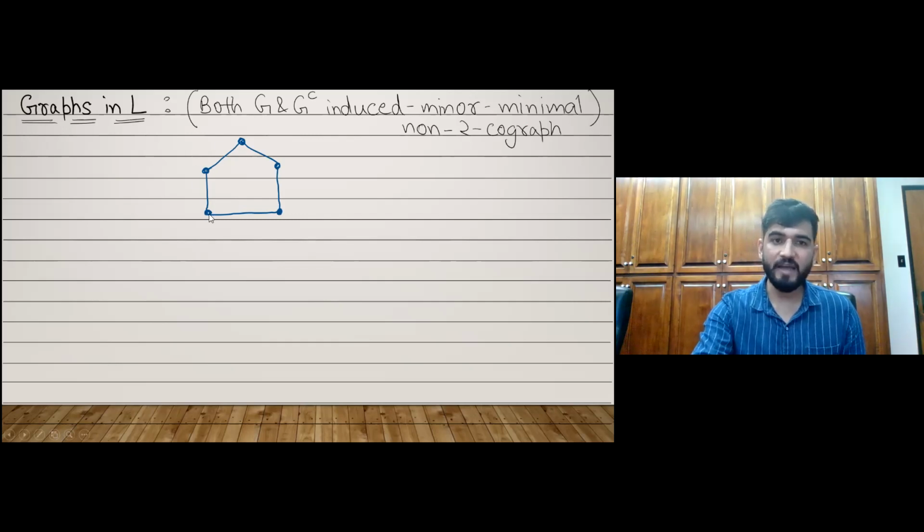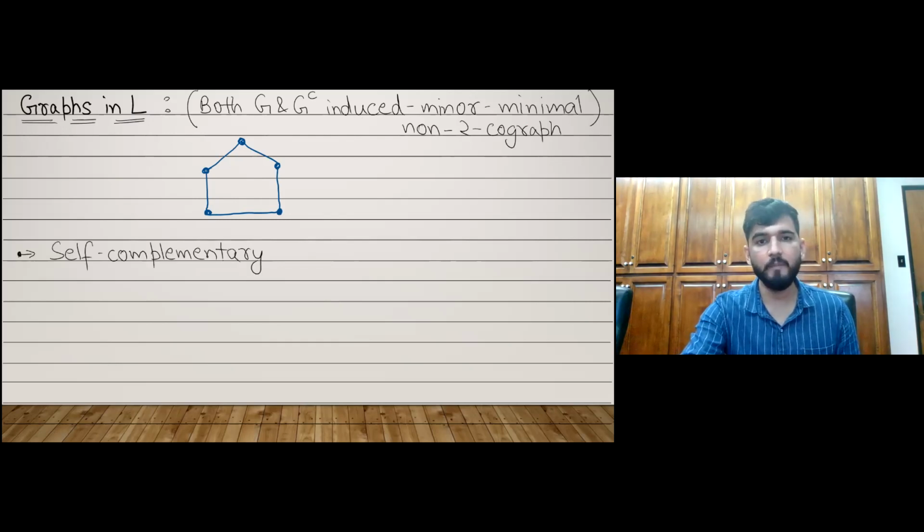Now let's look at this 5-cycle. Is this 5-cycle in L? First of all, this 5-cycle is self-complementary. So we do not have to worry about the complement, and we just need to check if this 5-cycle is induced minor minimal. The first thing we check is that it should not be a two-cograph.